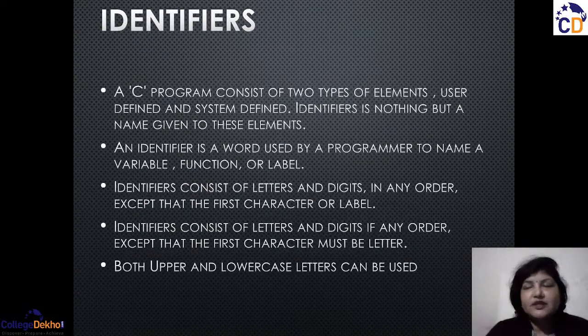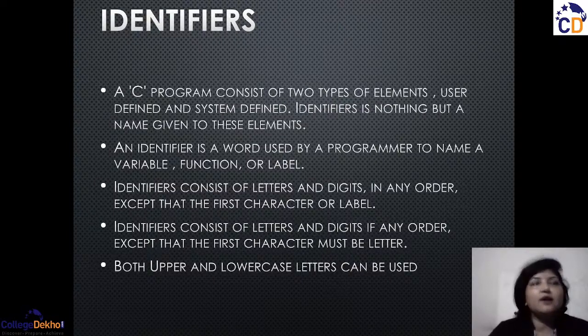Then we have the first part of the C character set, that is defining identifiers. As I told you, in a character set we will have alphabets and numbers. Whenever we define identifiers, a C program consists of two types of elements.